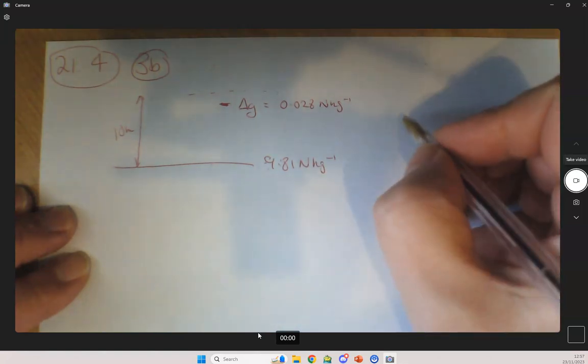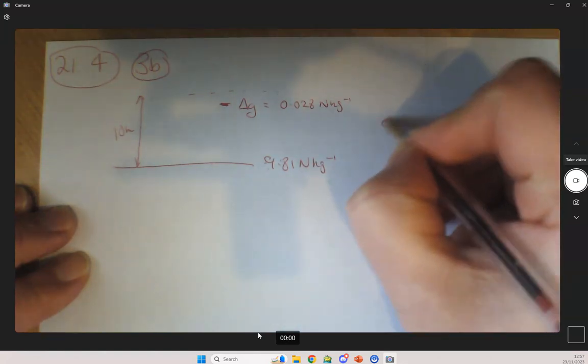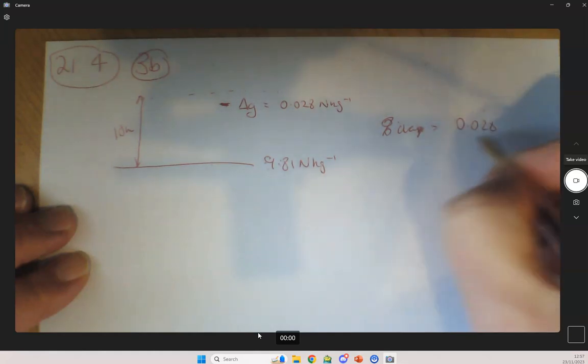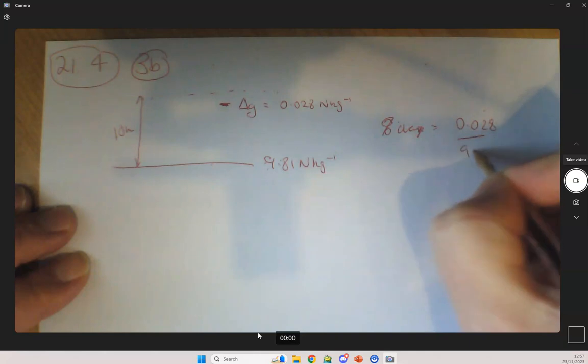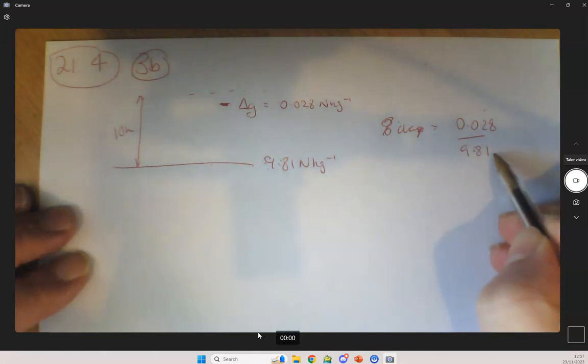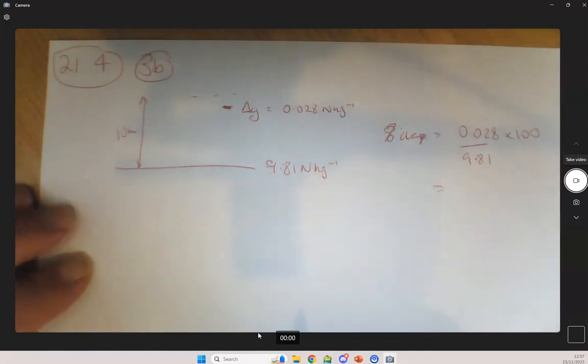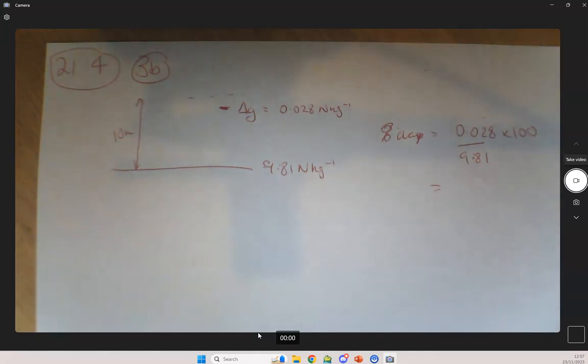As a percentage change, it's going to be 0.028 divided by 9.81, times by 100. Shove those numbers into a calculator.